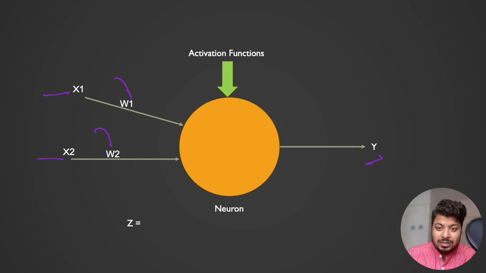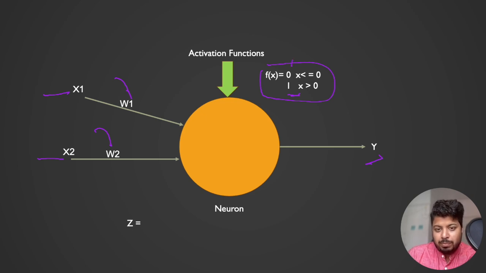This is a mystical activation function which we have applied on top of this neuron. For the sake of convenience, let's say whatever value is supplied to x, here is the function. Whenever x is greater than 0, the output will be 1, and if x is less than or equal to 0, the output will be 0.